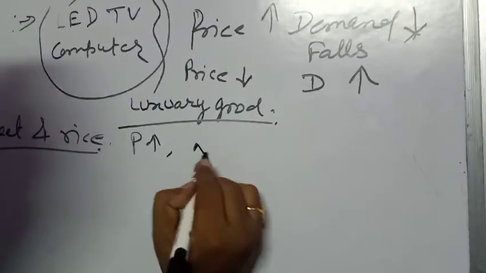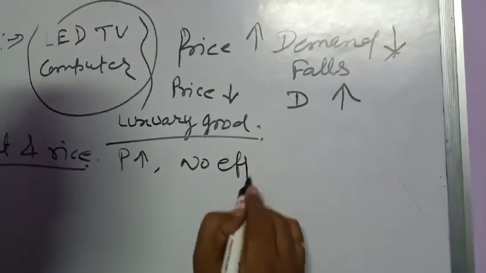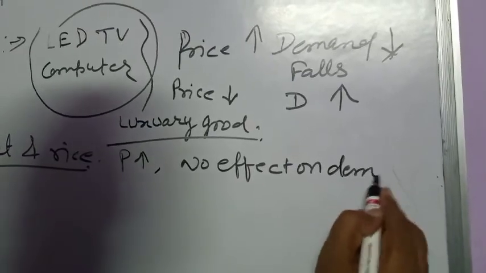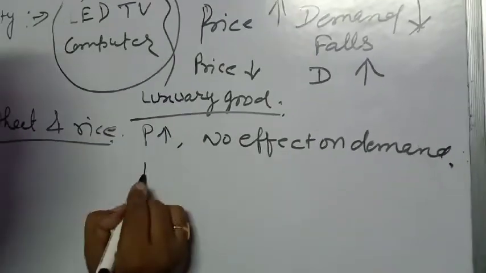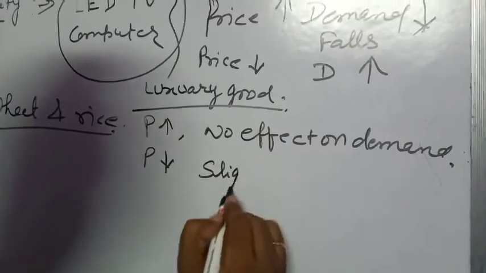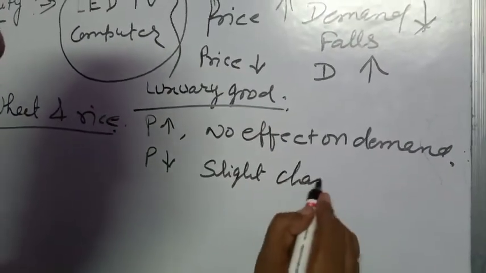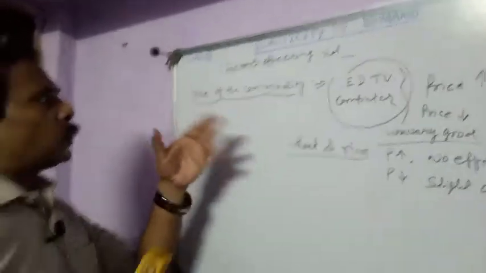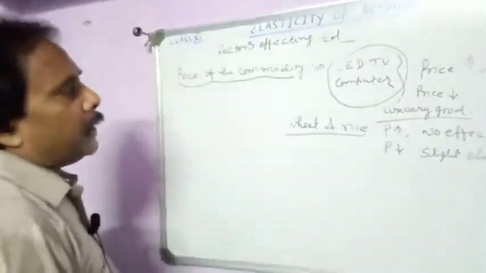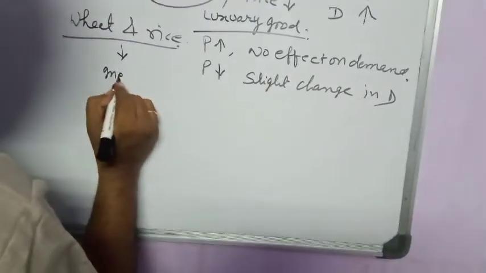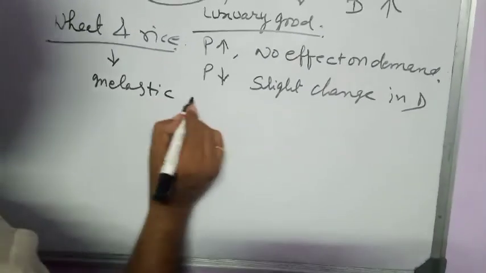If the price falls, there is only a slight change in demand. So it does not get affected by price, and that's why it will come under inelastic goods.